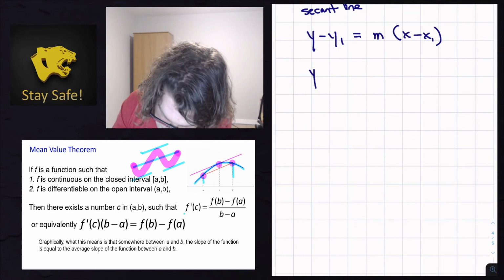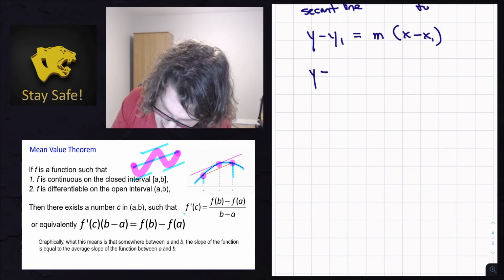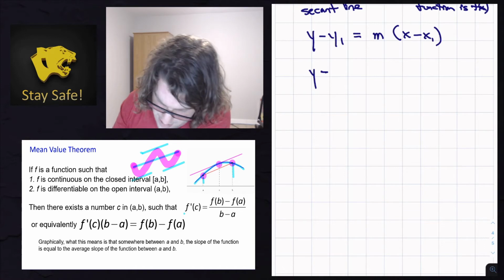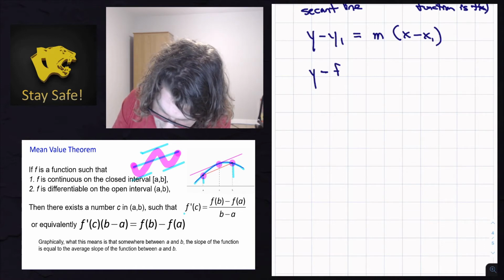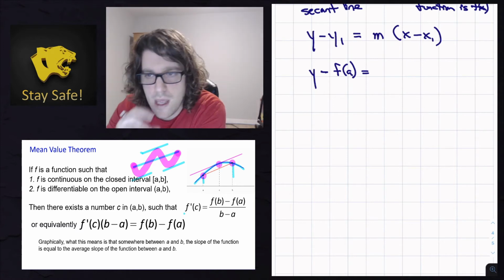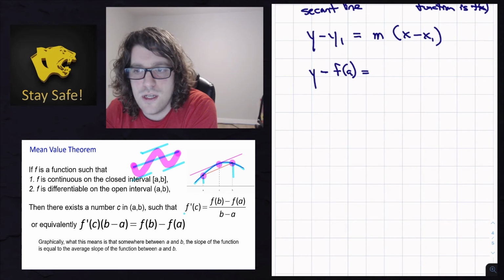If we say that the function is f of x, then we would have y minus f at a is equal to the slope value, but we know the slope because it's the slope of the secant line, which is just rise over run.